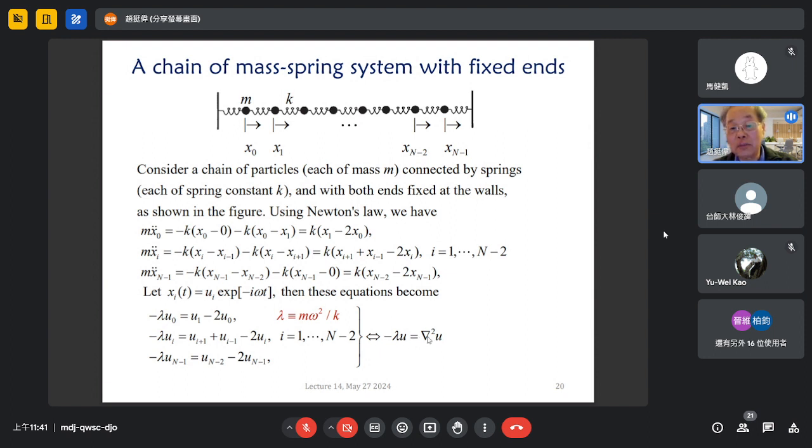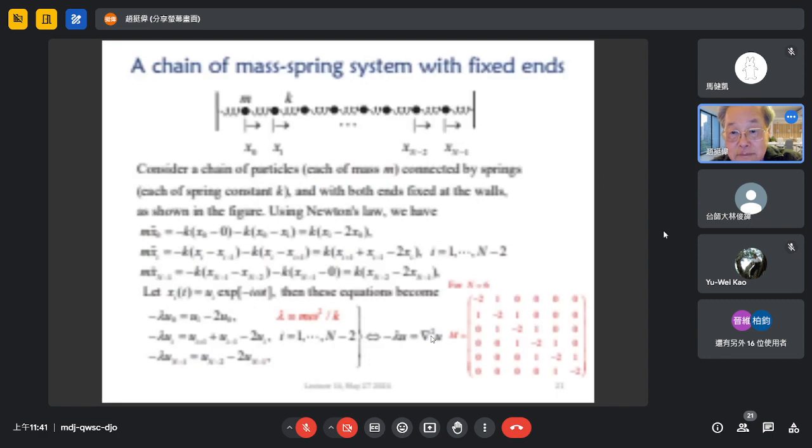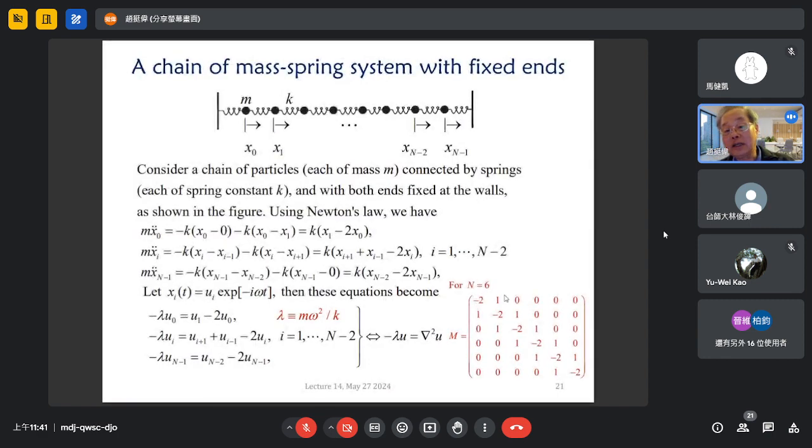And the operator is just the Laplacian. So the matrix again is this form, with fixed ends. You can see this problem is essentially the same as the particle in a box.